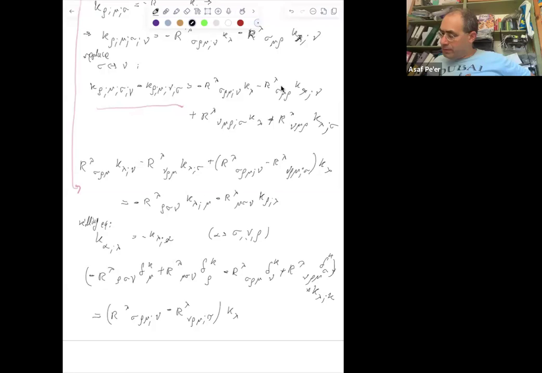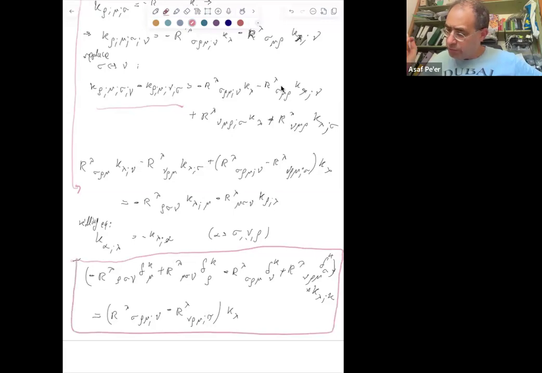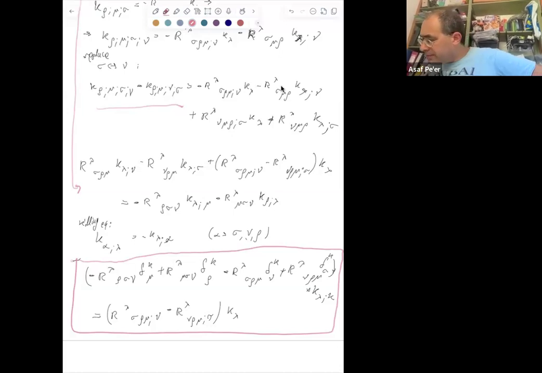Okay, I admit this is not the most fun thing that you can think of, but I wanted to derive this algebraic property, which is true for any Killing vector. And I needed that one. I won't say it's nice.